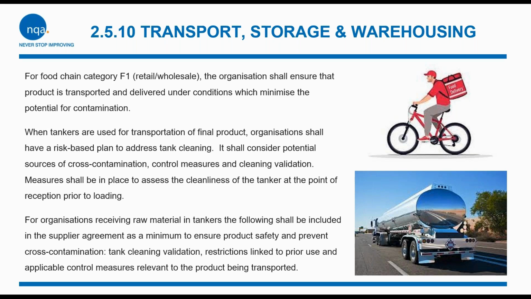For other food chain categories, when tankers are used for transportation of final product, organisations shall have a risk-based plan to address tank cleaning. It shall consider potential sources of cross-contamination, control measures and cleaning validation. Measures shall be in place to assess the cleanliness of the tanker at the point of reception prior to loading.